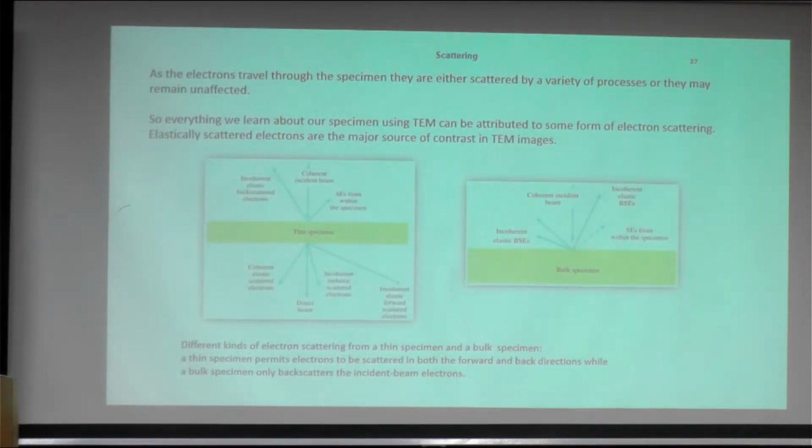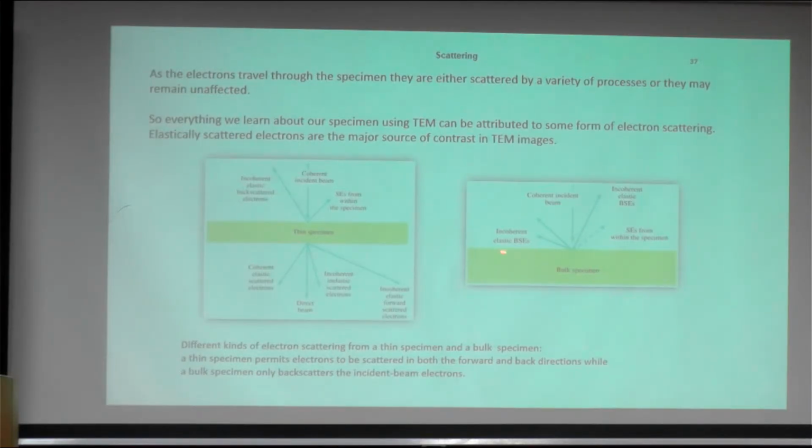Now let us look at some scattering processes in the TEM. Why do we need very thin specimens? If you look at the scattering processes and consider bulk specimens, which you use, for example, for optical microscopy or scanning electron microscopy, then you can have different scattering processes, like incoherent elastic scattering, formation of secondary electrons, or incoherent images.